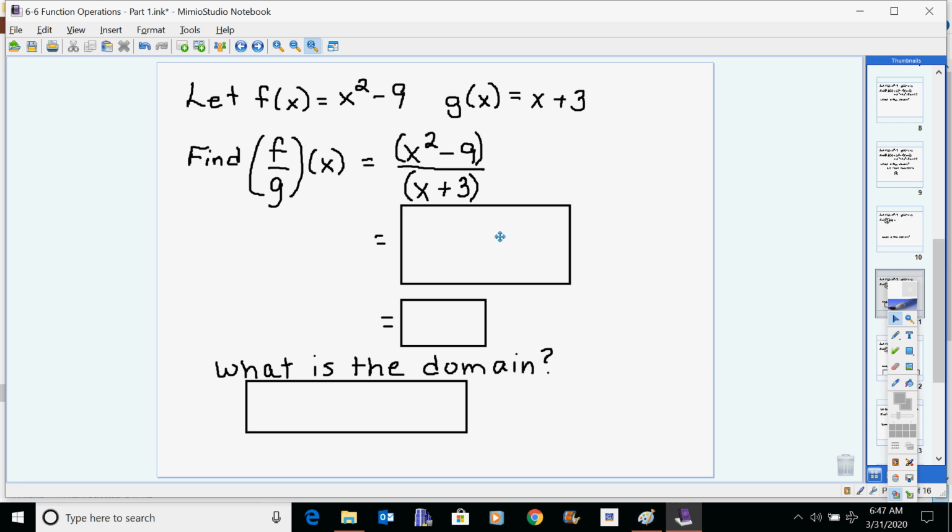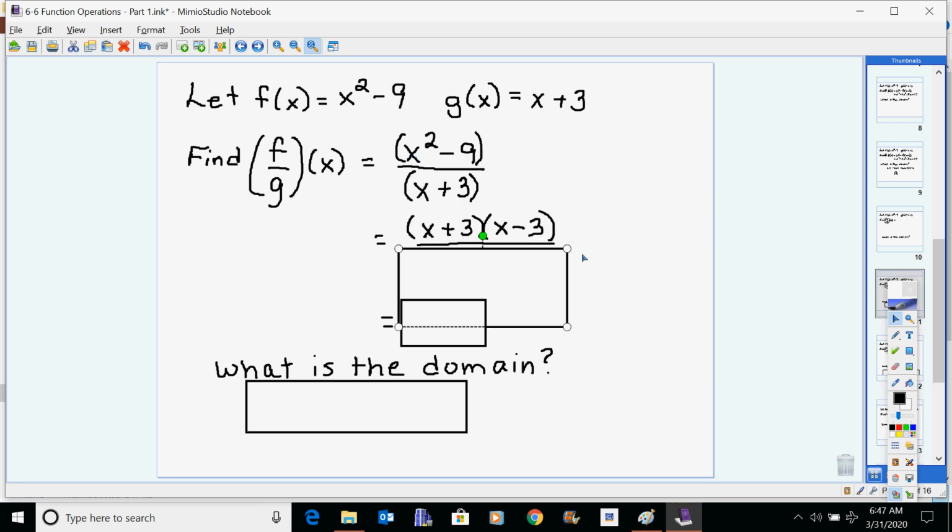If you don't, let's just go over it a little bit. This is x squared, this is 3 squared. So if you have an x plus 3 times an x minus 3, that would be the same as x squared minus 9. You might need to review your chapter on factoring or find some information on that if you're a little bit rusty on that.